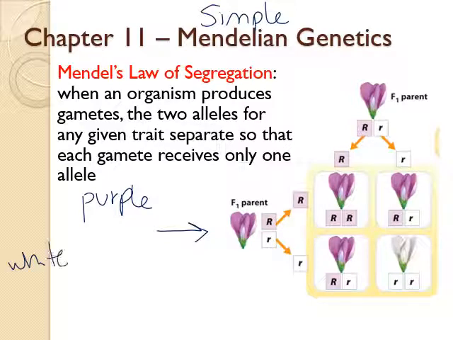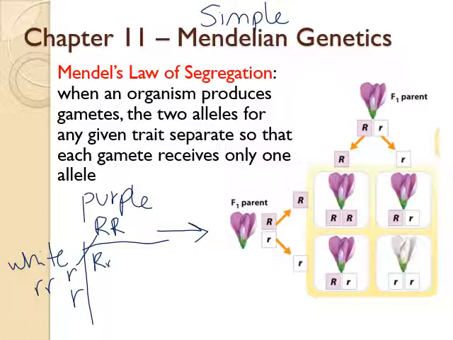We'll call it a true bred, right? So we'll say that the white was little r, little r, and the purple was capital R, so dominant, right? And when he crossed these, right? So I can write it like this so it's a little bit easier.